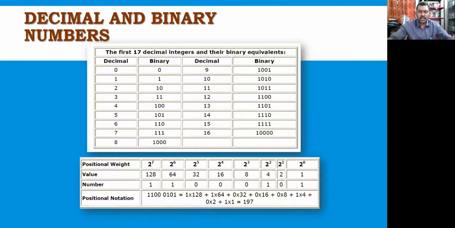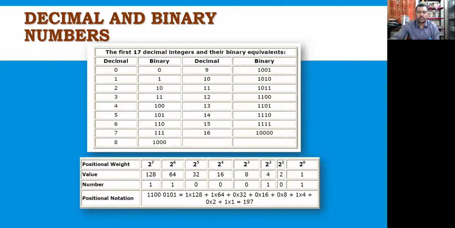We have studied this, I'm just brushing up because we already know these things. These are in the form of presentations, but when we actually study it on the blackboard, then only we will be able to see how it works, right? So we have understood this conversion, from decimal to binary, and from binary to decimal.